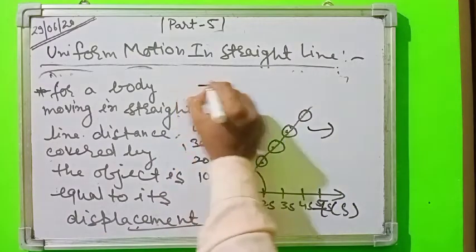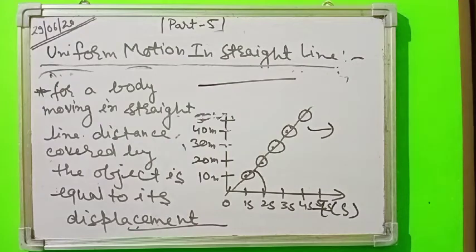Since it is a straight line, it has direction, so you can say that the distance covered by the object is equal to the displacement. Now there are two cases here.